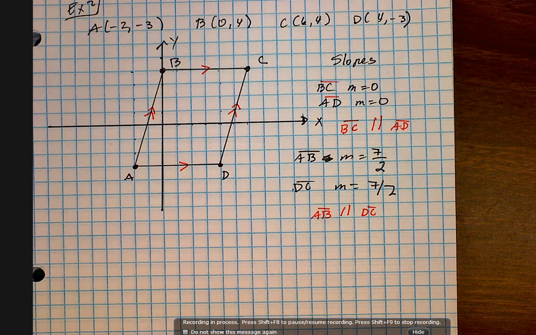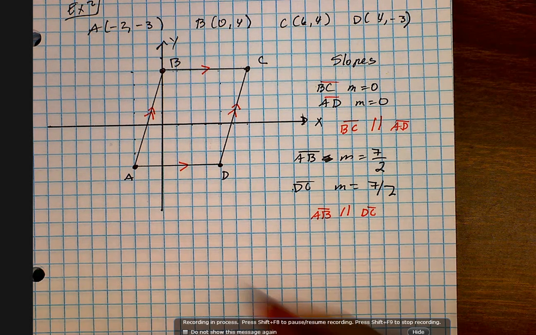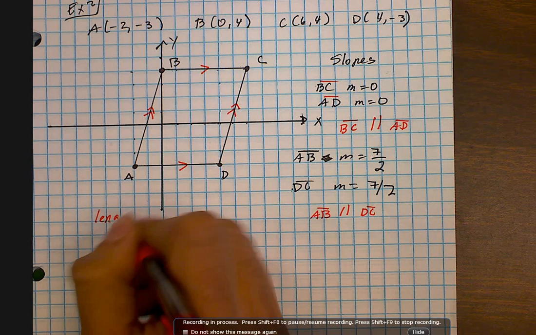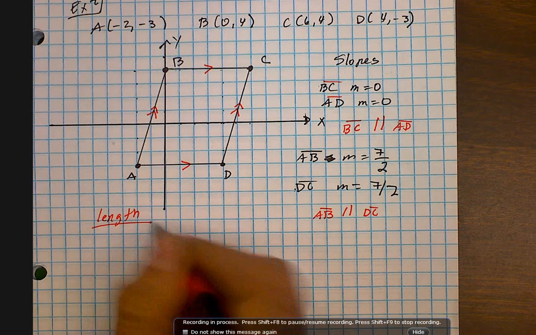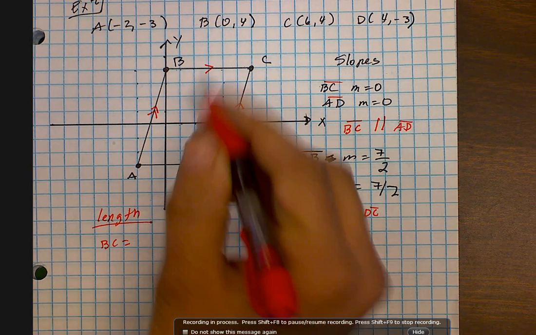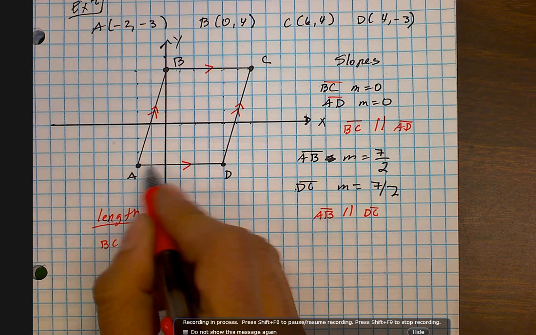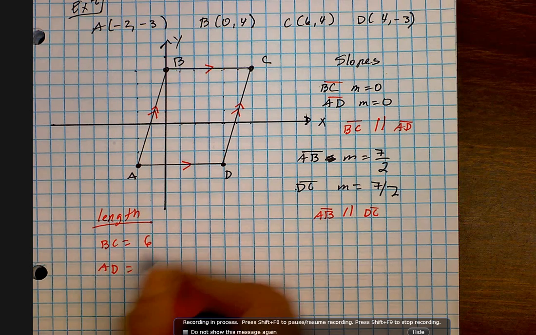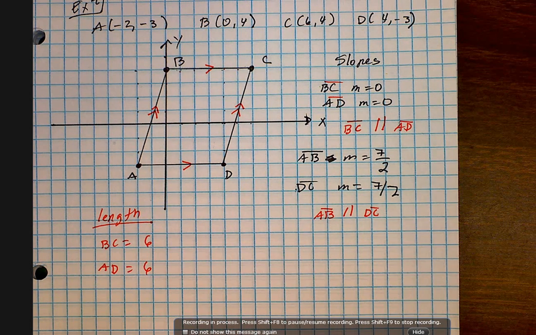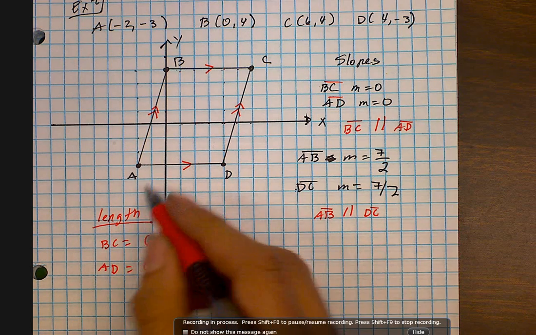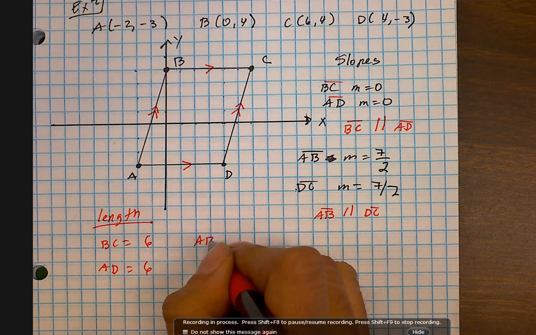So now what we need to do is find the length. Okay, so the length of BC is just going to be 6. 1, 2, 3, 4, 5, 6. You just count on that one. That one's easy. Same thing for AD. That is also going to be 6. Okay, so now we need to find the length of AB. So we're going to use the slope in the Pythagorean theorem.